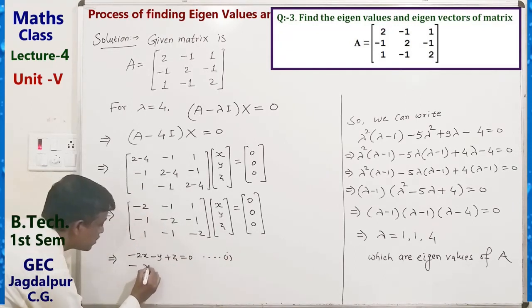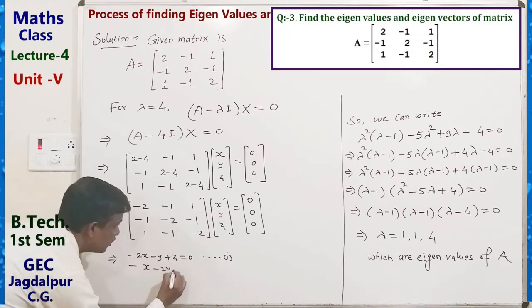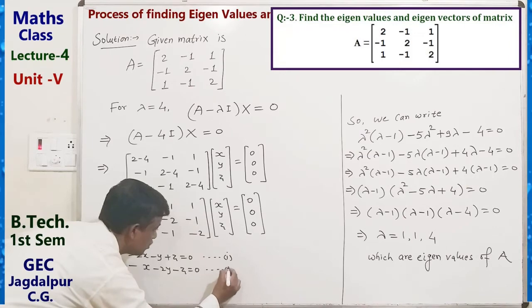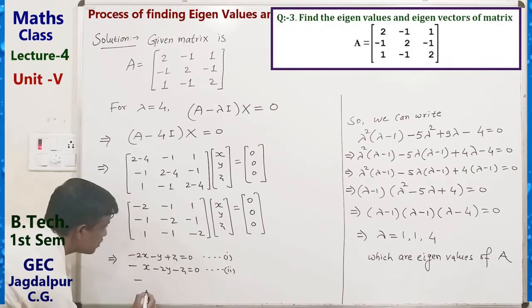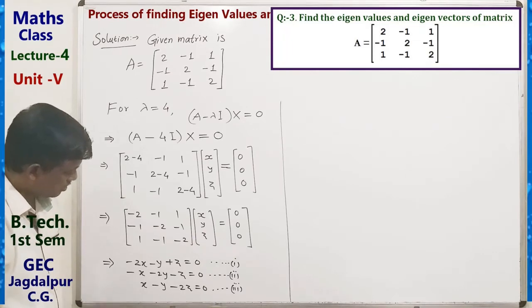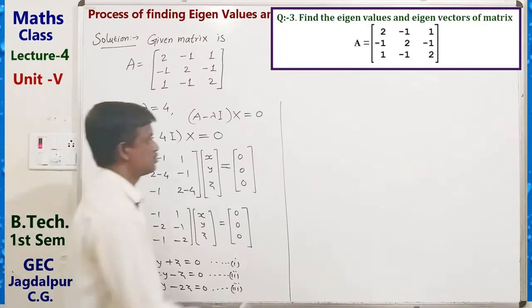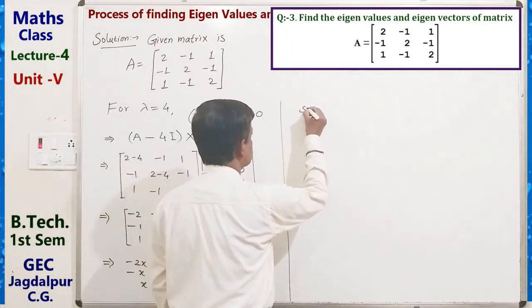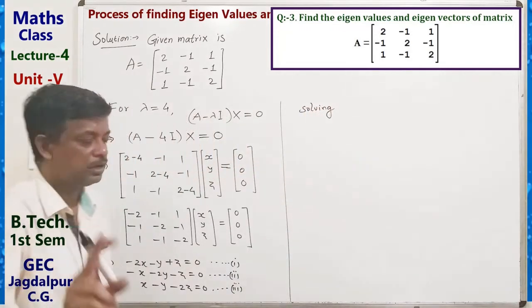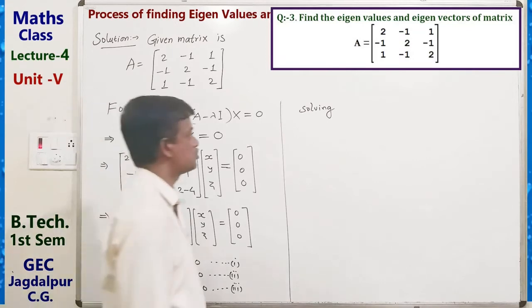Minus x minus 2y minus z equals to 0, equation 2. So solve any two of these equations. So the first two equations, solving for getting the eigenvector corresponding to lambda equals to 4.